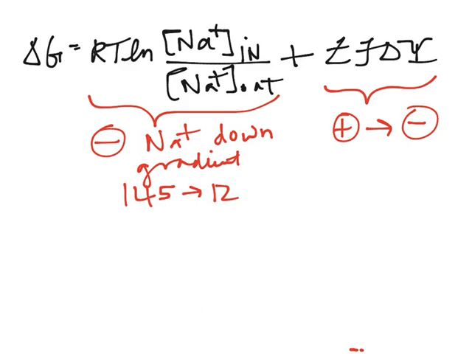So if I'm moving a cation from outside the cell towards that negative charge, then my charge contribution should also give me a negative free energy contribution. So in both of these cases, I'm going to have a negative chemical component and a negative charge component, giving me an overall negative value for my delta G of moving those sodium cations. So then let's look at what this is going to turn out as.